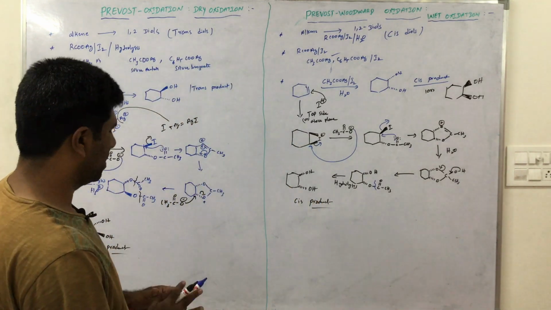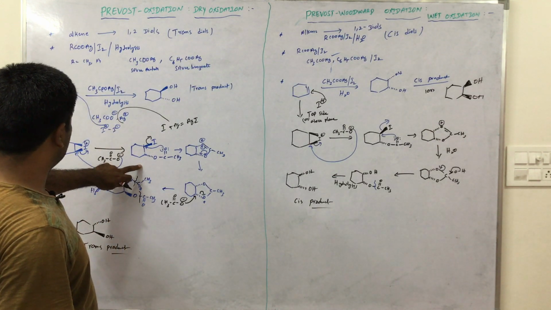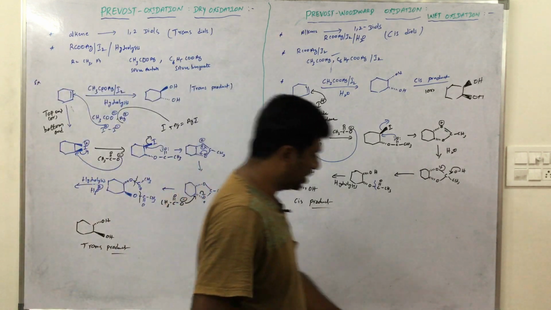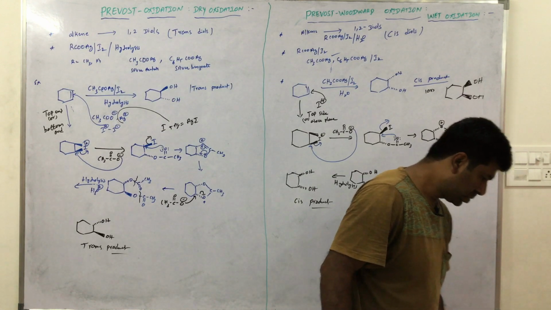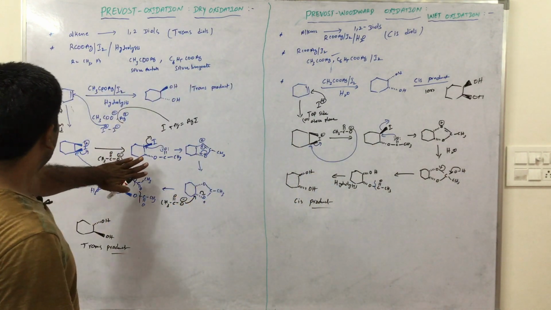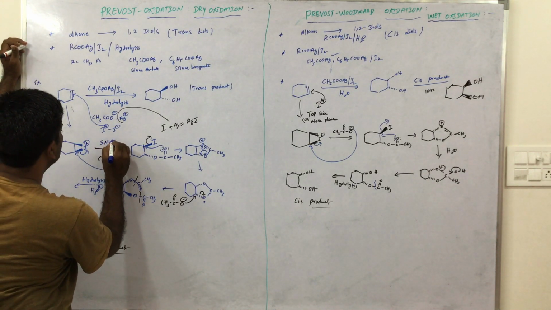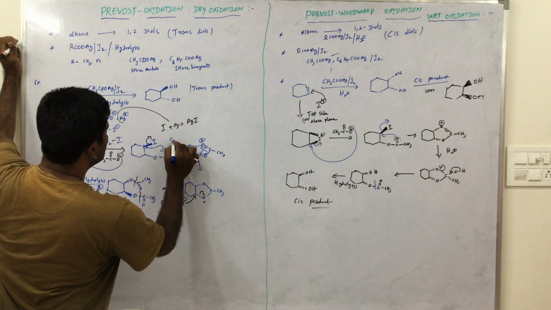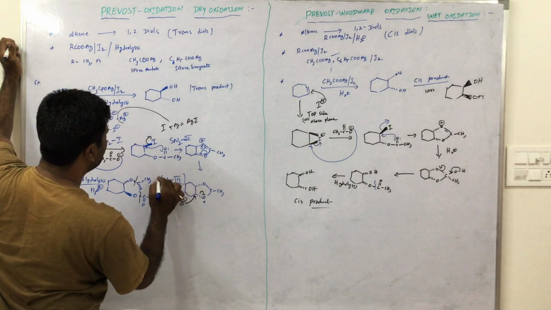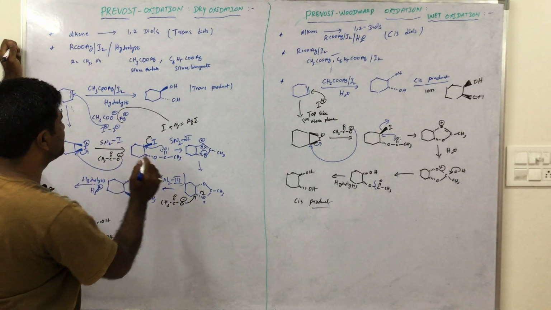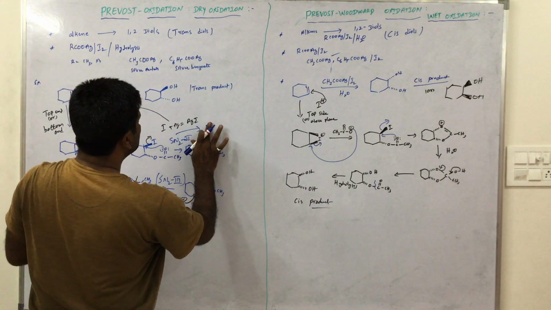See here, 3 times SN2 reaction takes place. SN2 one time, here SN2 second time, here SN2 third time. Okay, and here neighboring group participation takes place.